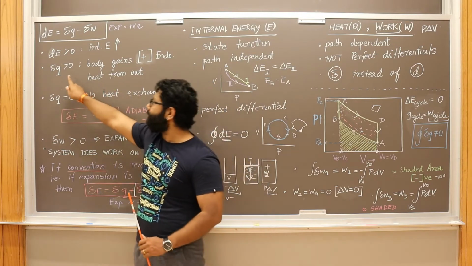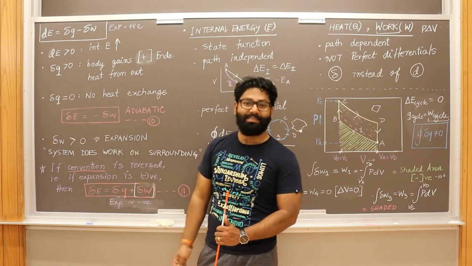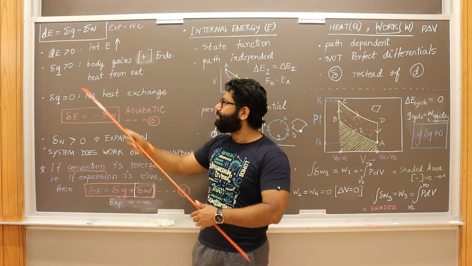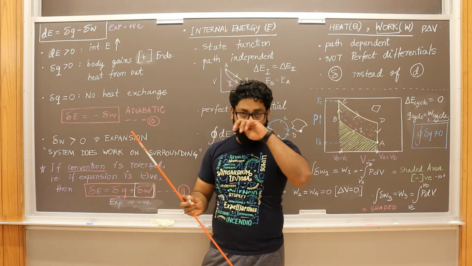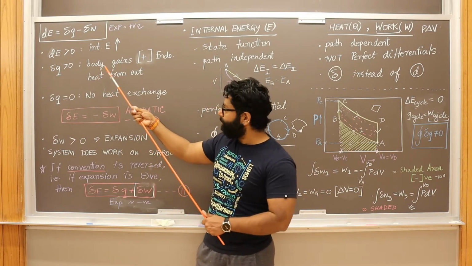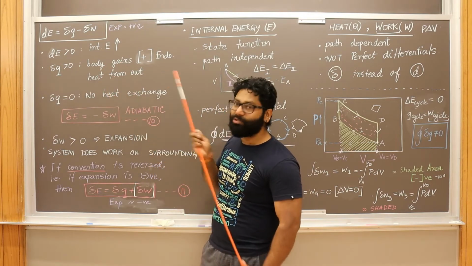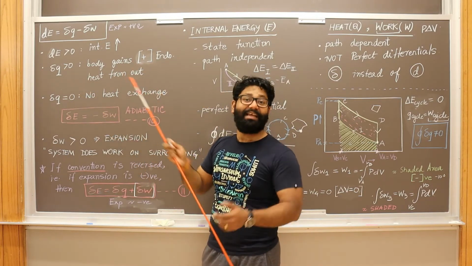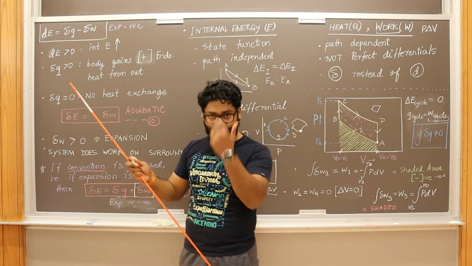So therefore, delta Q becomes greater than 0. That's why we have a positive sign in an endothermic process. The reverse is true for an exothermic process. When the body loses heat to the surroundings, the delta Q becomes negative, and that's why you have a negative sign in an exothermic process, because the delta Q drops.